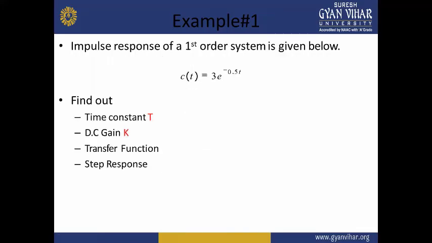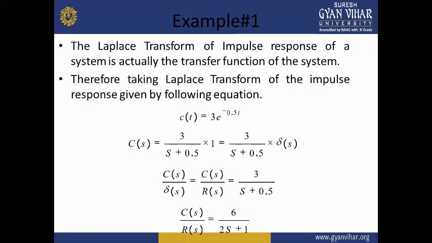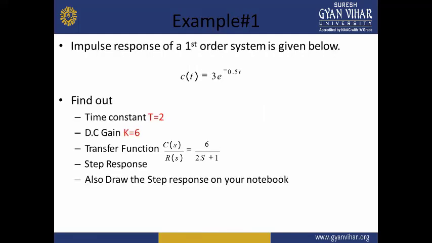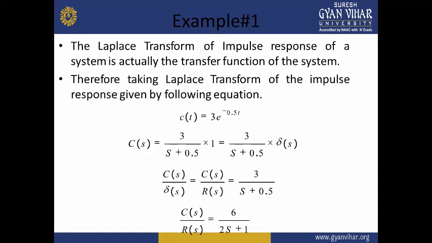Okay, I think we have calculated everything. Now let's see, with this transfer function, if I apply the step input to the system, what will be the function value? If we apply the step input, R(s) will be equal to 1 upon s, so it will be 6 upon 2s plus 1 in that case.